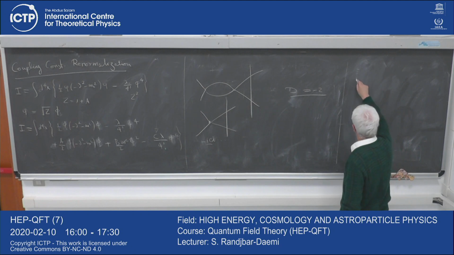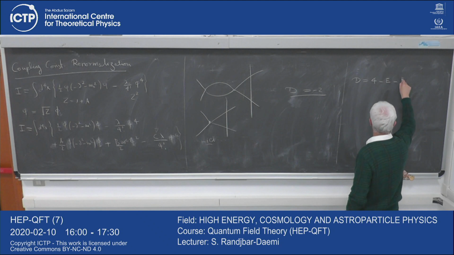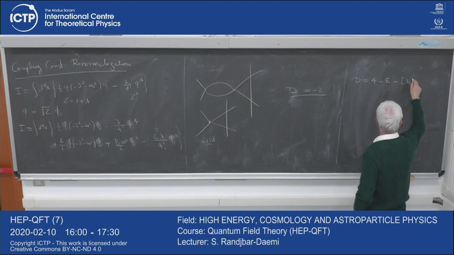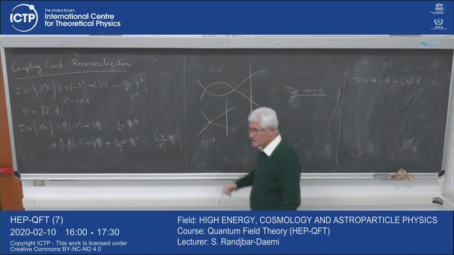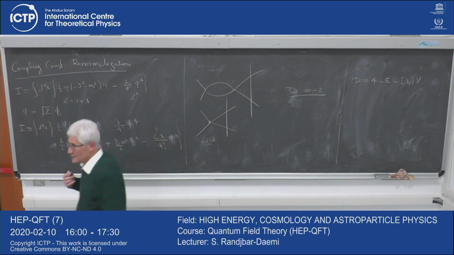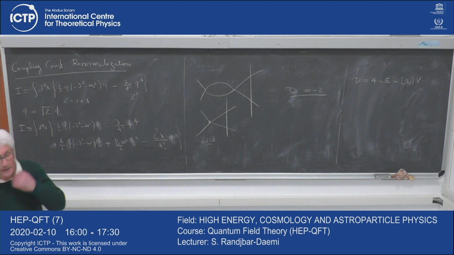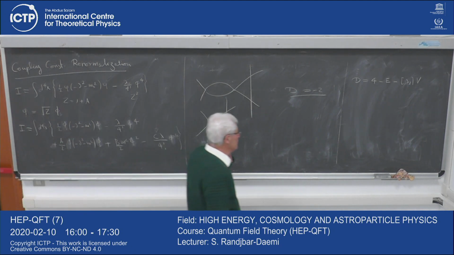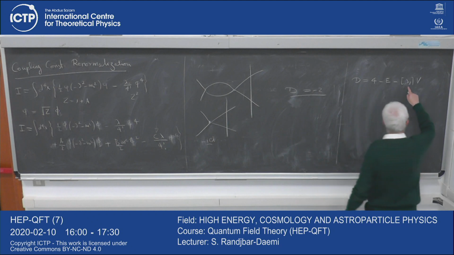So the formula was D equals 4 minus E minus the mass dimension of the coupling times the number of vertices. The case we considered was lambda_L equals 0. For phi cubed, lambda_L will be equal to 1.